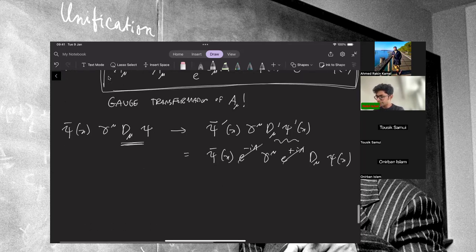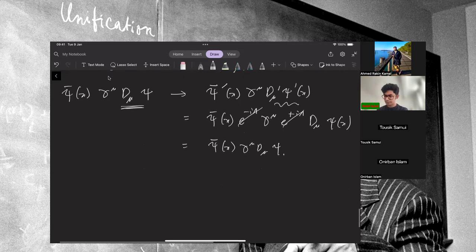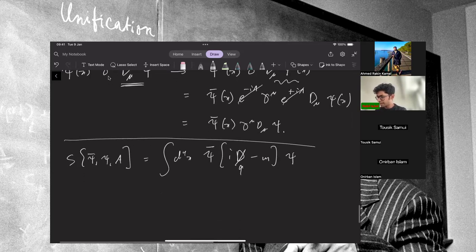And again, these two guys cancel. And so this thing is again gauge invariant. Okay. So we have succeeded in making a gauge invariant Dirac action at the cost of introducing an entirely new field called A. And so the action, for example, looks like this: psi bar i D slash minus m times psi, where this D slash is gamma^mu D_mu. In other words, gamma^mu partial_mu plus i e A_mu.